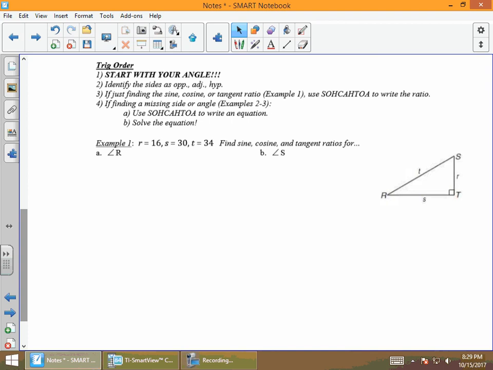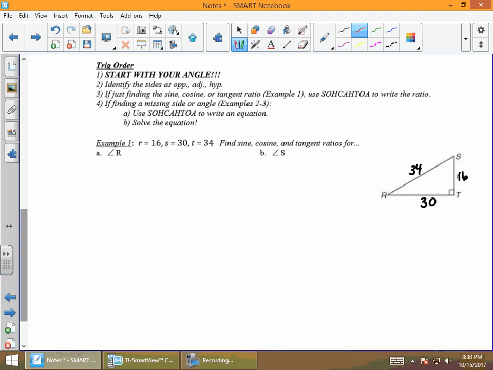So let's take a look at example number 1. It says R is 16 and S is 30. So R over here is 16, S is 30, and T is 34. And it wants to find the sine, cosine, and tangent for different angles.